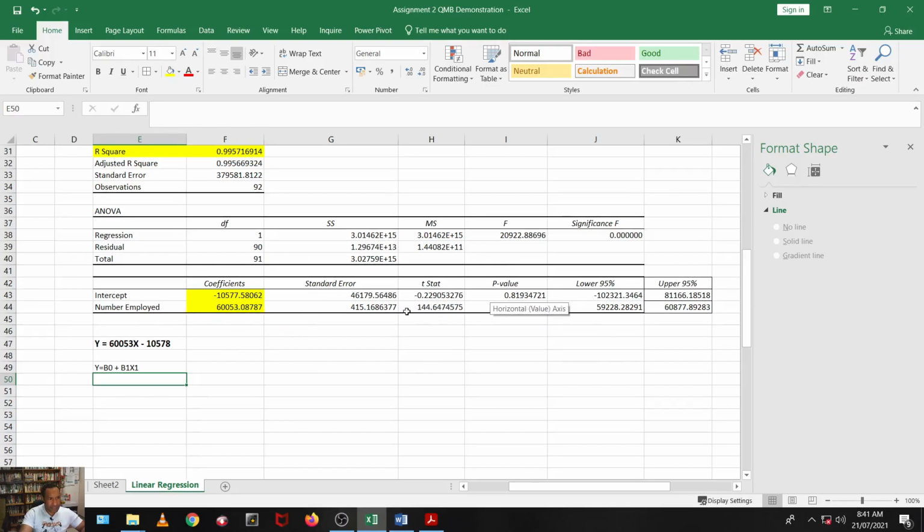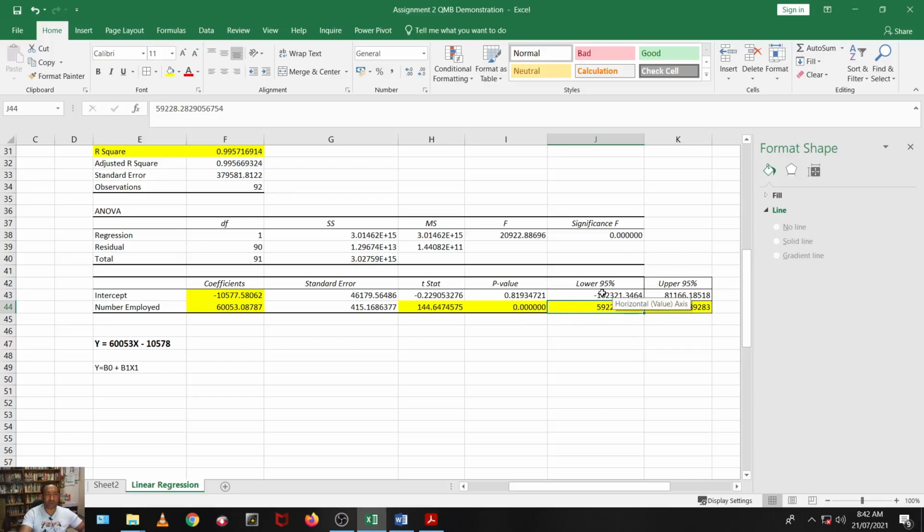The t statistic for the number of full-time staff employed, I'm just going to highlight this important data here. Okay, so the t statistic of 144.65 for the number of staff employed is high. It's much higher than the critical value. And the p-value associated with that t statistic is less than 0.05. Okay, and it's 0.00000.